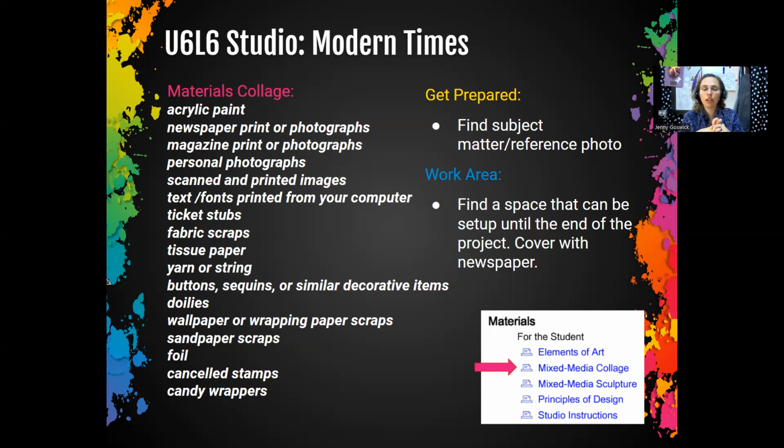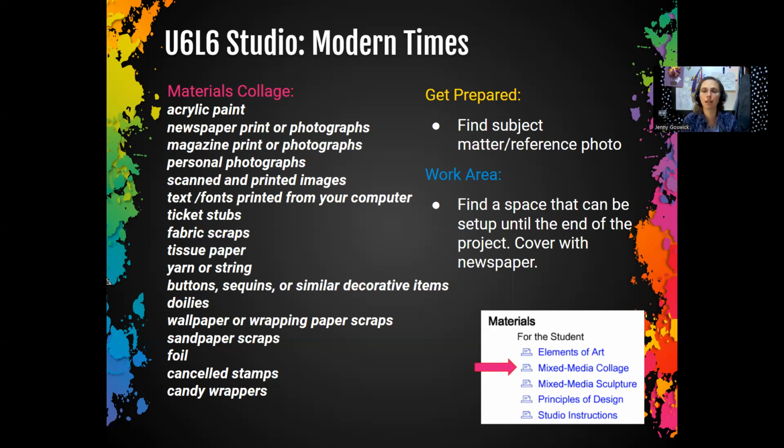Tissue paper from old gifts, or just colored tissue paper in general for this project would be kind of cool. Yarn, string, buttons, sequins, other small decorative items like those would be something you could incorporate into your collage. Doilies and wallpaper. I already mentioned wrapping paper is a great way to get some color in and patterning and design. How about some texture with sandpaper scraps?